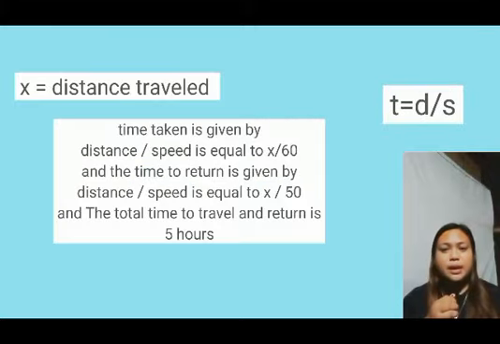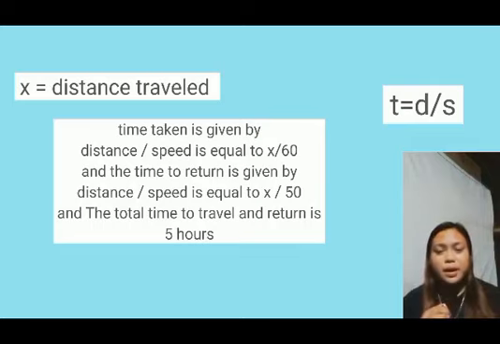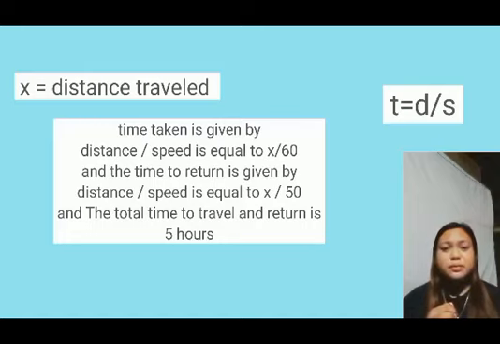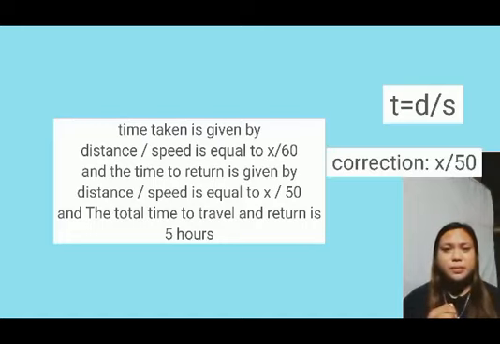Then the time taken is given by distance divided by speed, which is equal to x over 60, and the time to return is given by the distance divided by speed, which is equal to x over 50.